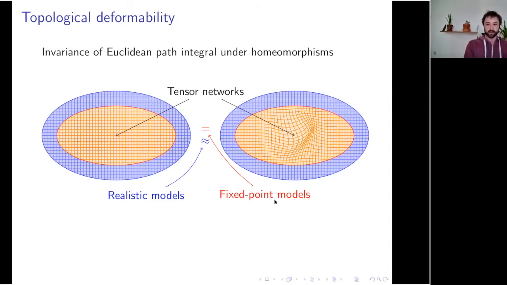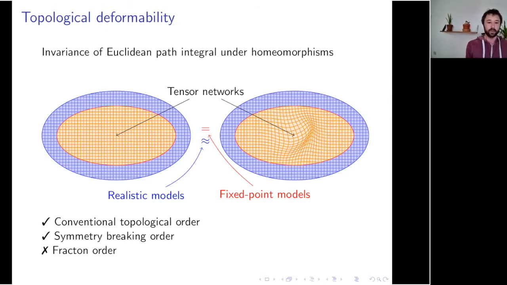At this point, I should quickly warn you that this notion of topological deformability is not exactly one-to-one with what people commonly call topological order. Conventional intrinsic topological order in 2+1 dimensions indeed has this topological deformability, and so does anything that is called SPT order, but also symmetry breaking phases have the same kind of topological deformability, even though they are not topologically ordered in the common sense.